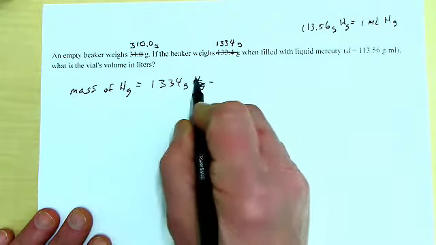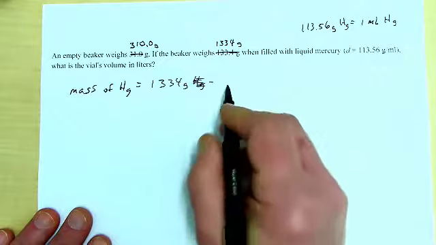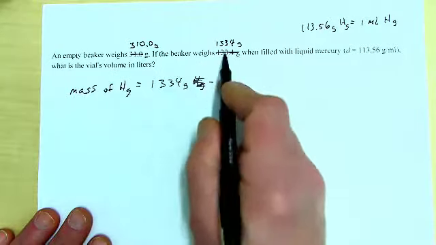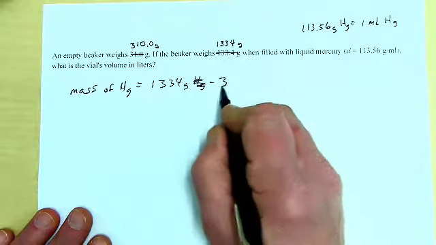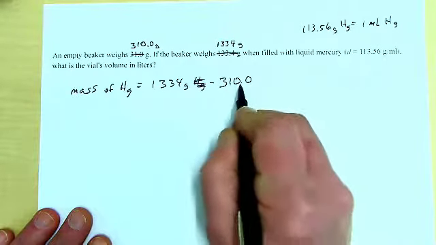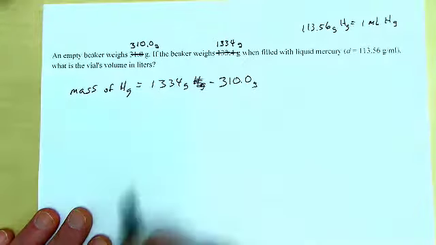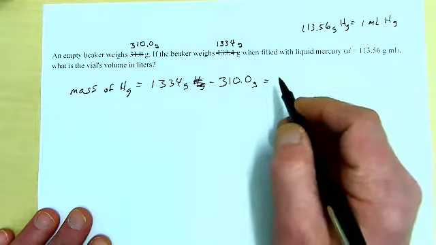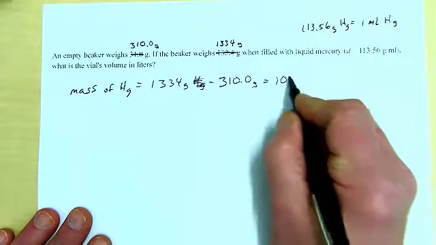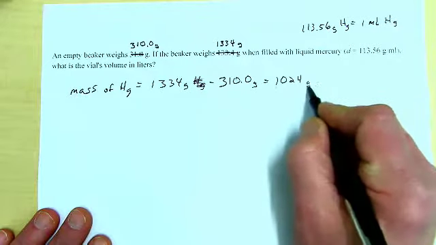So this is not just mercury. But before we filled it with mercury, the beaker weighed 310 grams. So we subtract the mass of the beaker from the mass of the beaker and the mercury, and the answer then gives us the mass of mercury. So this is going to be 1,024 grams of mercury.